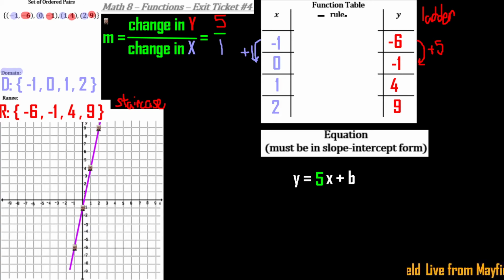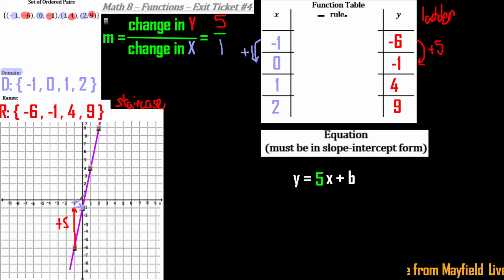For the staircase method, again, you're saying that you have to go from one point to the next ordered pair, and you're trying to see how many steps up and to the right we're going, since we have a positive slope. So we're going to go from this point here, I'm going to go up 5 steps. So this is going to be +5. And I'm going to go to the right 1 step to go to my next ordered pair.